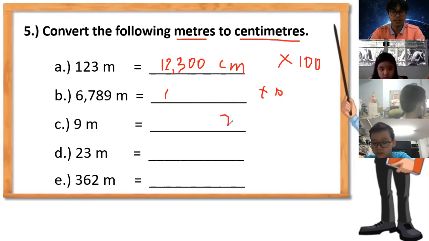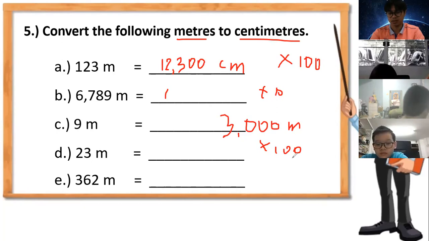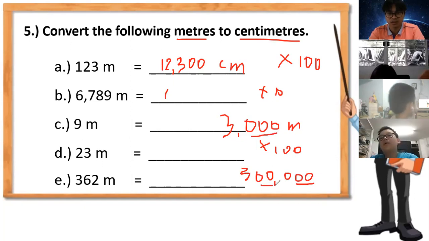The example here is 3,000 meters times 100. What is the answer? 3,000 times 100 is 300,000. So we add 2 zeros here. You already have 3 zeros, and we add 2 more.